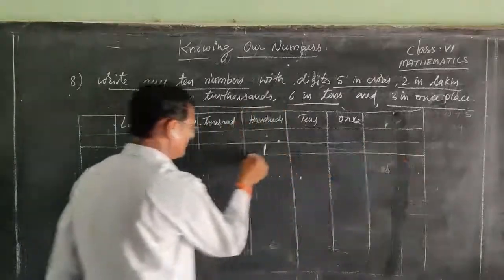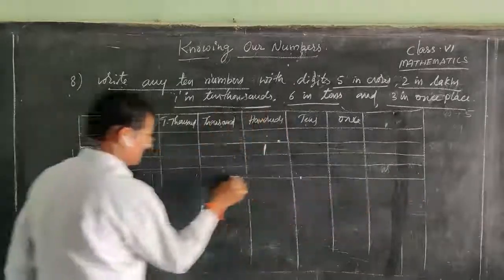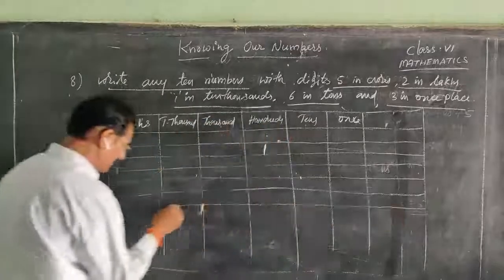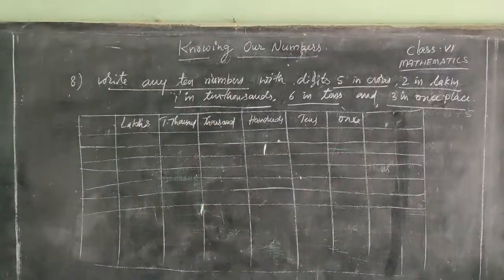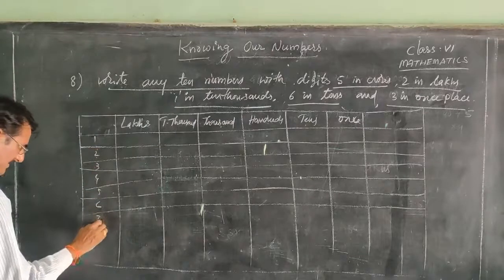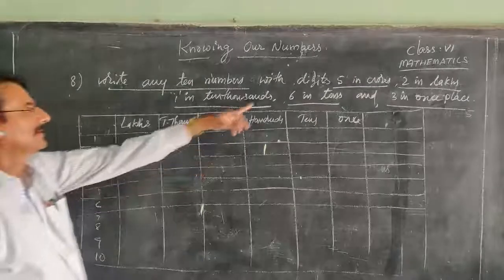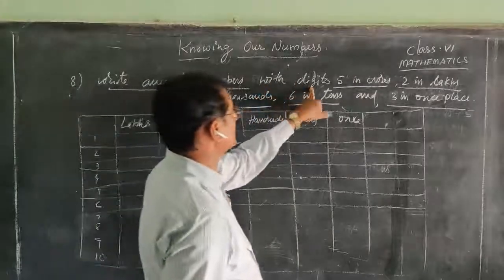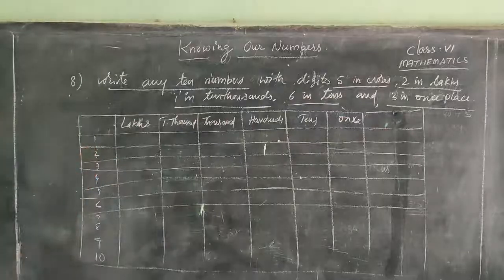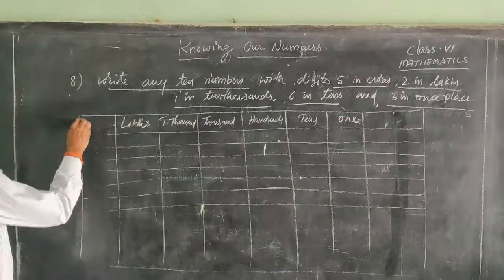Just draw 10 lines. I will explain one or two numbers. 1, 2, 3, 4, 5, 6, 7, 8, 9, 10. See, 5 in crore. Crore also there. Okay, we can extend it to 10 lakh.